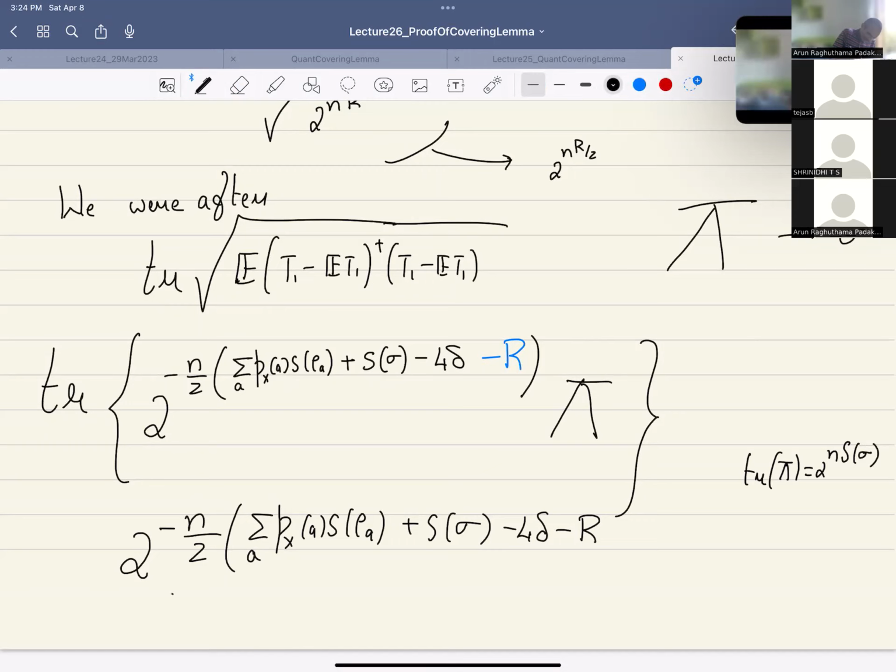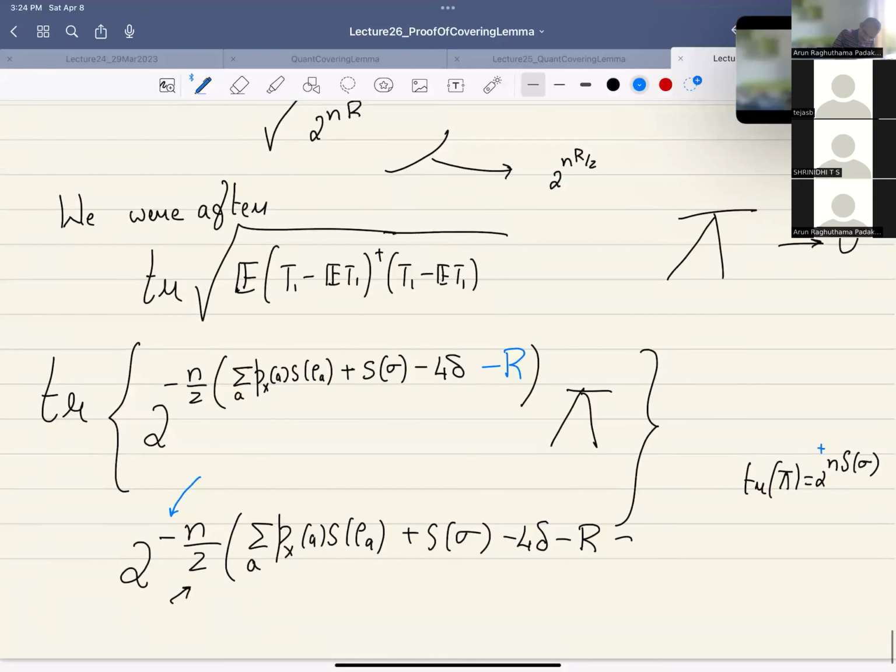So when I have an n by 2 sitting here, I should write this as minus, because there is a minus here. Carefully think about it, okay? There's a minus here, and there is a plus here. So this has to be minus 2 s of sigma. Do you agree?